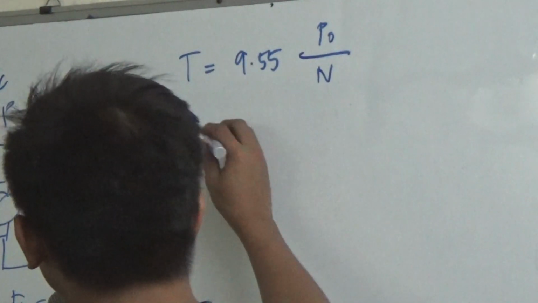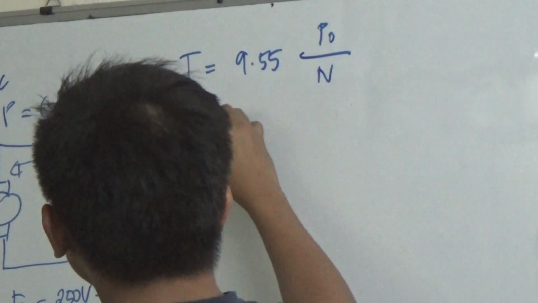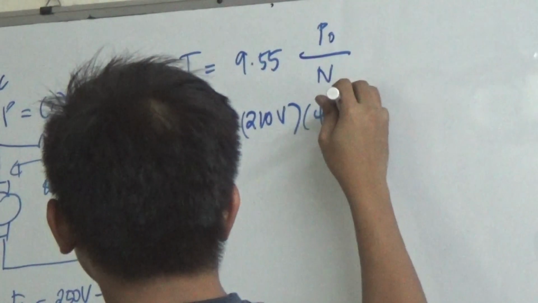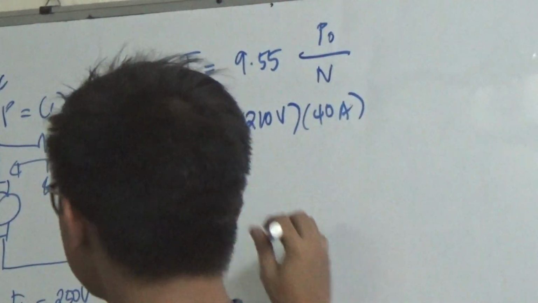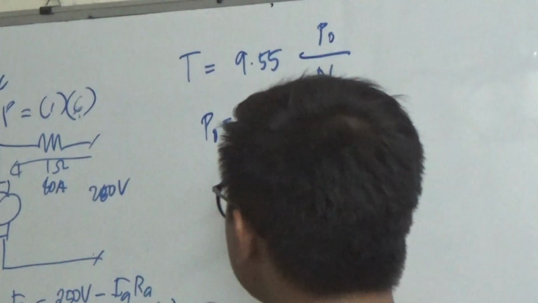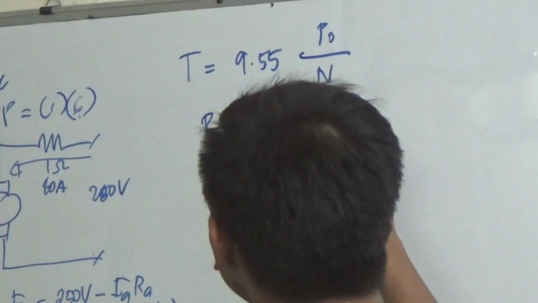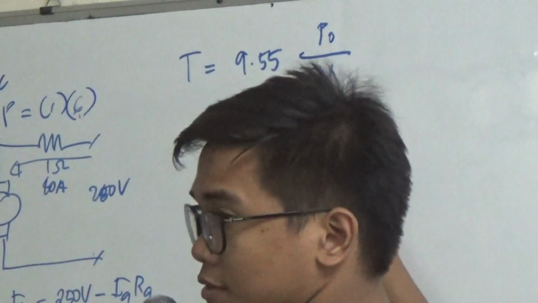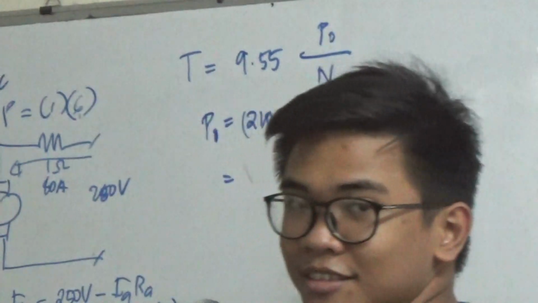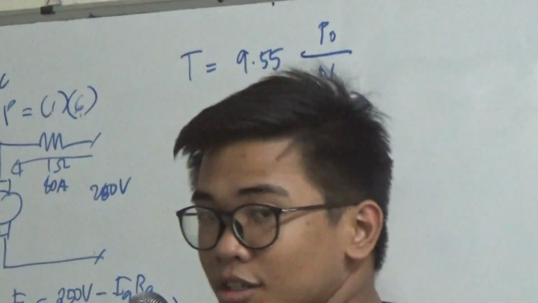Ano na? Power output, kunin natin, no? 210 volts multiplied by 40 amps equals to 8,400 watts, or 8.4 kilowatts.